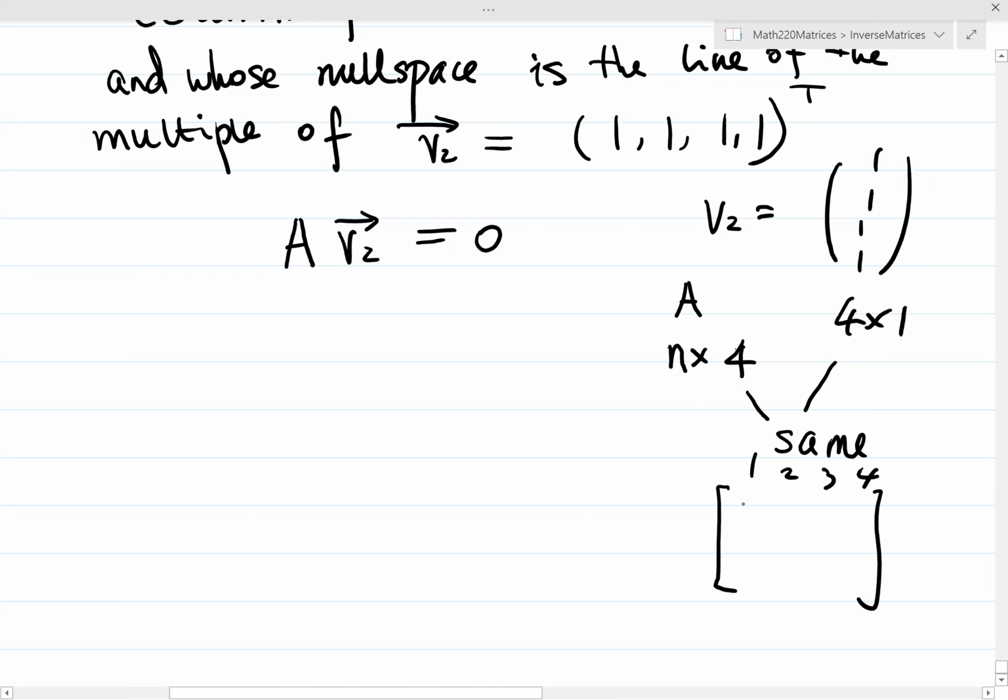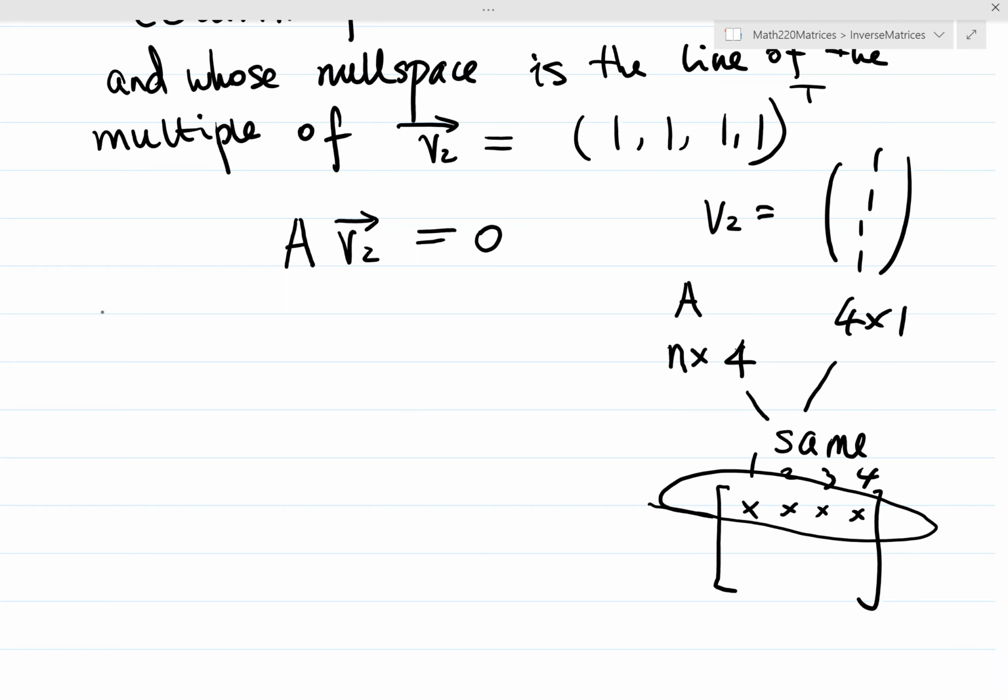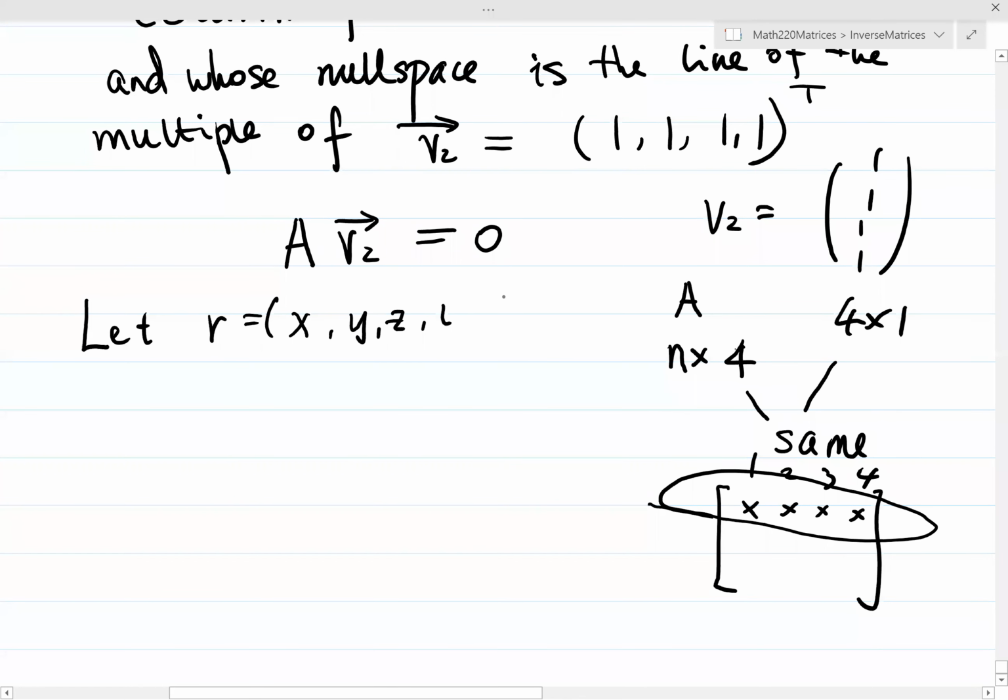Now this means a row vector, the horizontal thing, should have 4 variables. Let R be a row vector of A. R should have 4 variables, R equal to x, y, z, t.